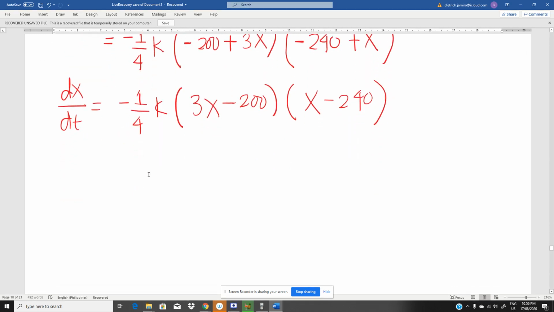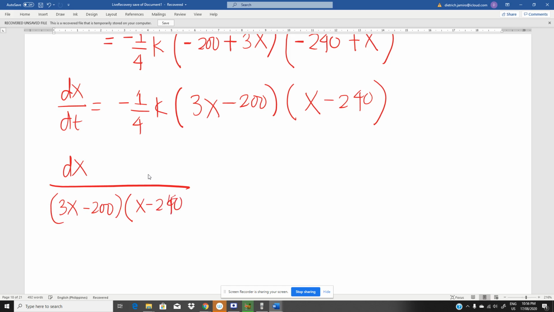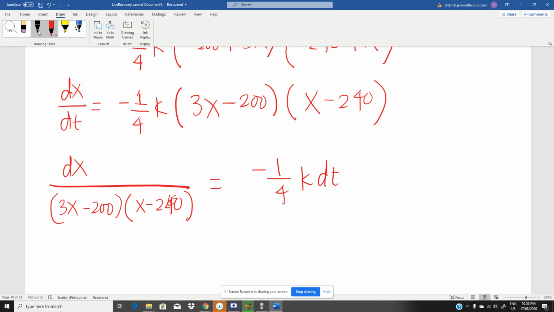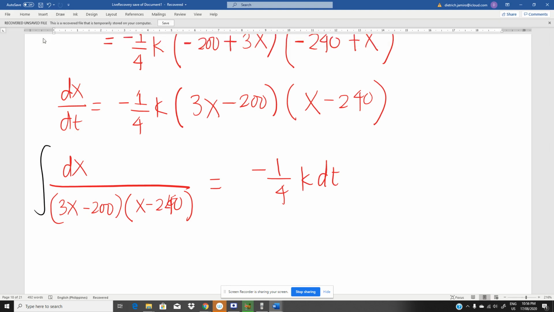Then variable separable, so we will have dx over (3x minus 200)(x minus 240) is equal to negative 1/4 k dt. And then integrating both sides of the equation.